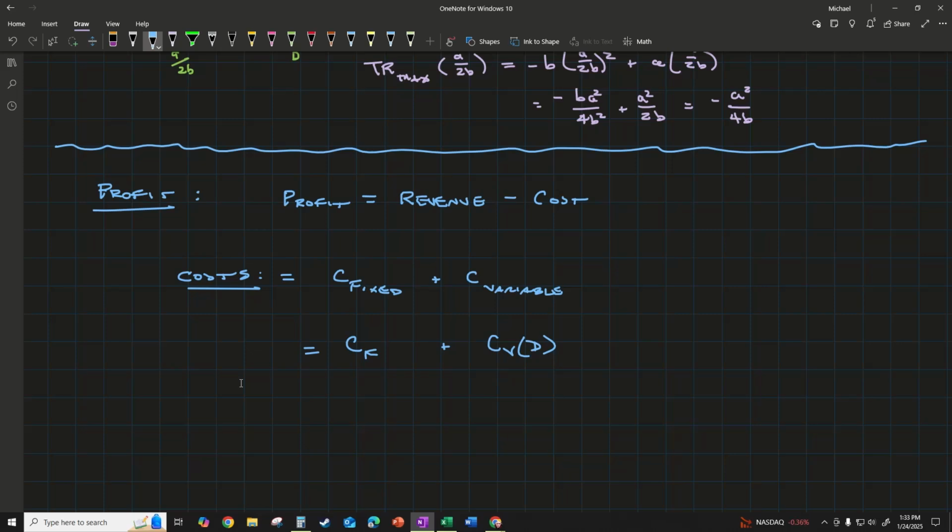So essentially we'll have fixed cost plus something we're going to call CV times D. So it'll be some little cost increment times each unit that we have. So if we have 5 of these things, we'll multiply them by 5. Whereas the fixed cost is always the same. Maybe that's the cost for renting the place we make the equipment.